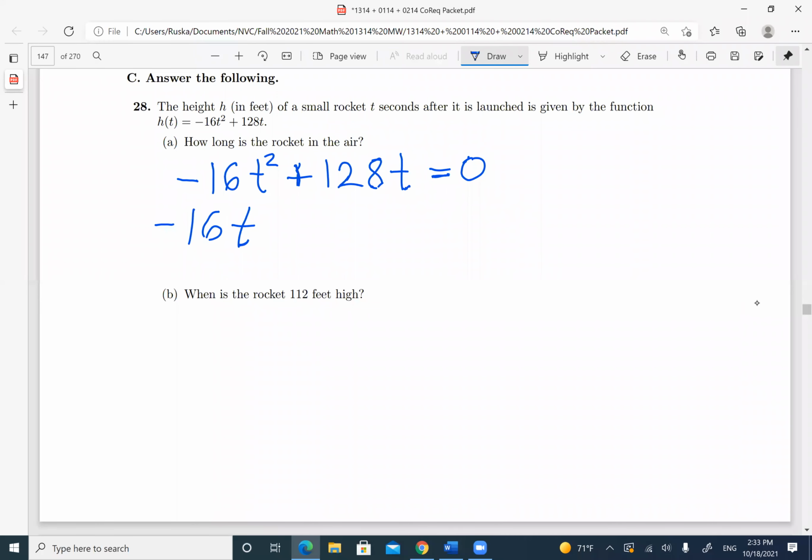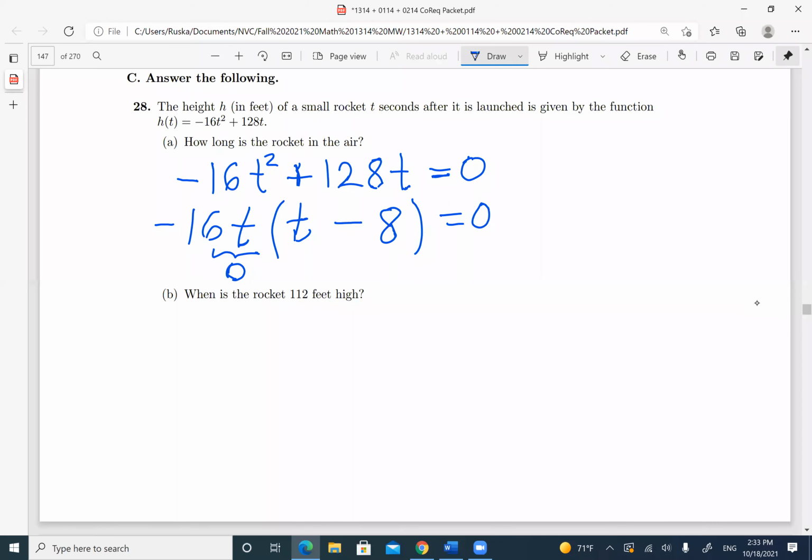And then you're going to get t minus 8, and then that's equals 0. So the first one is going to be 0. Obviously, it's going to be 0 because there is no number by itself.